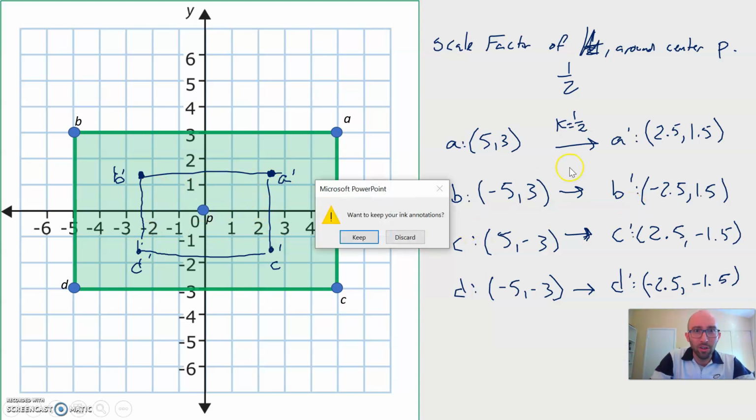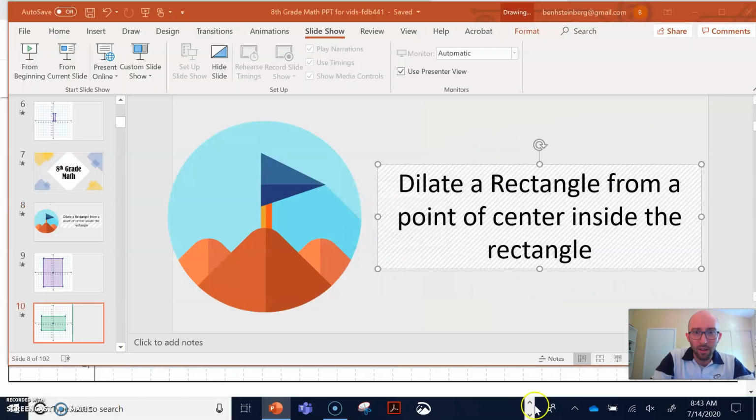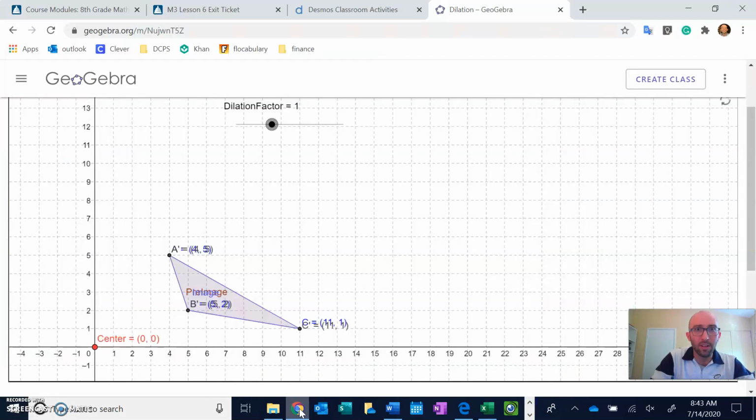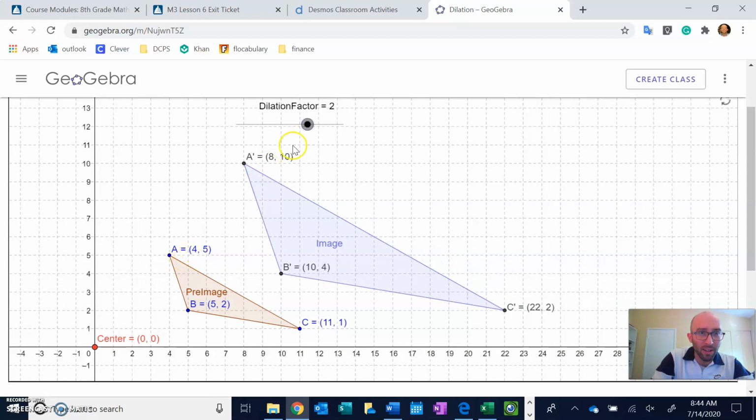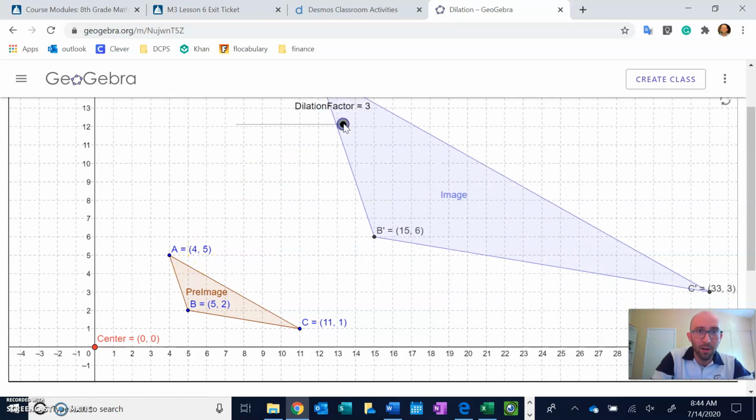Okay, the last thing I want to show you is something on GeoGebra. So take a look at this image. This is just a triangle. The center of dilation is the origin. When you use a scale factor of 1, it's right on top. With a scale factor greater than 1, you see that every coordinate, in this case, gets multiplied by 2 because our factor is 2. Scale factor of 3, look, every coordinate is multiplied by 3.